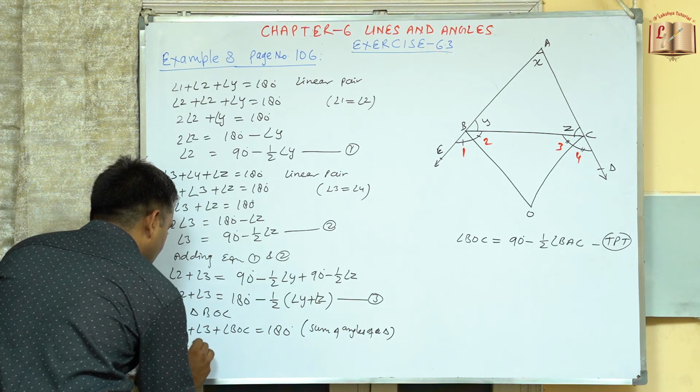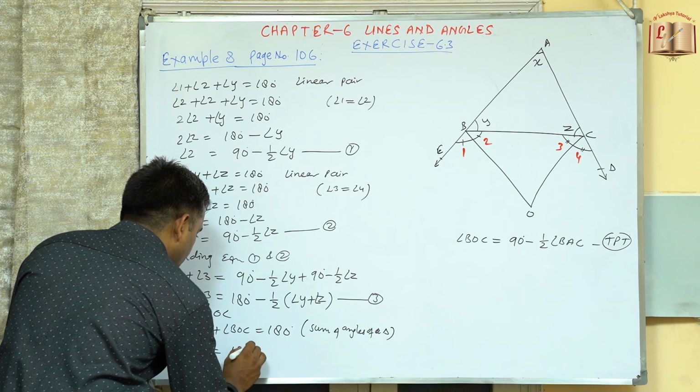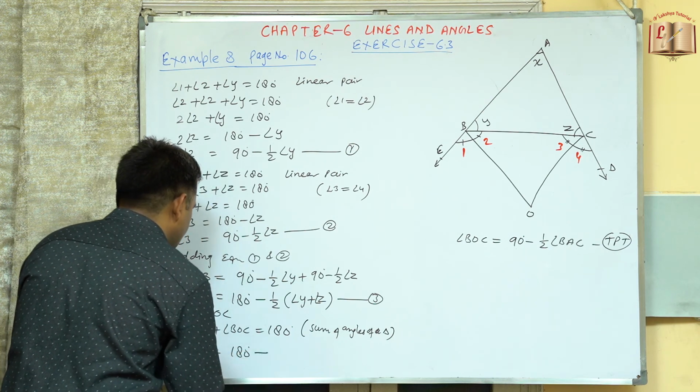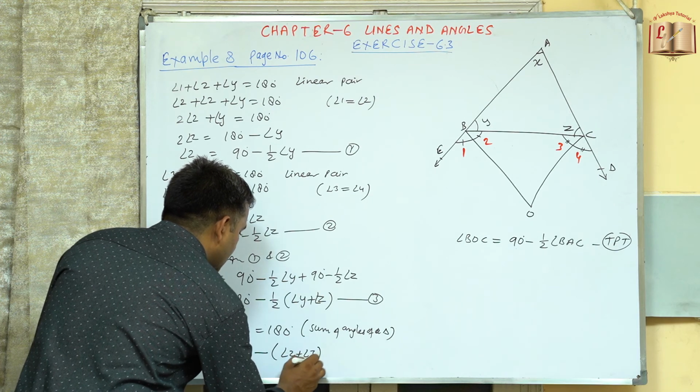From here I can write angle BOC is equal to 180 degrees minus angle 2 plus angle 3.